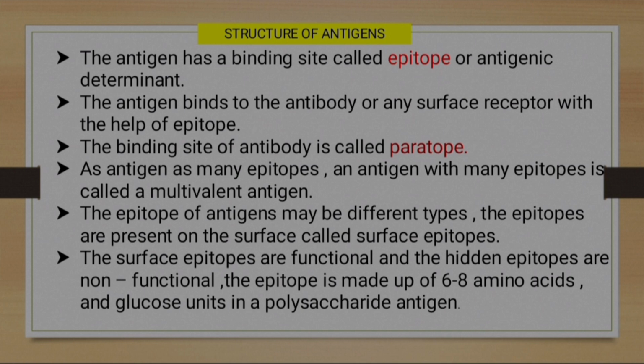The epitopes on the surface are called surface epitopes. The surface epitopes are functional and the hidden epitopes are non-functional. There are two types of function in the surface epitopes. The epitope is usually made up of 6 to 8 amino acids, or glucose units in a polysaccharide antigen.